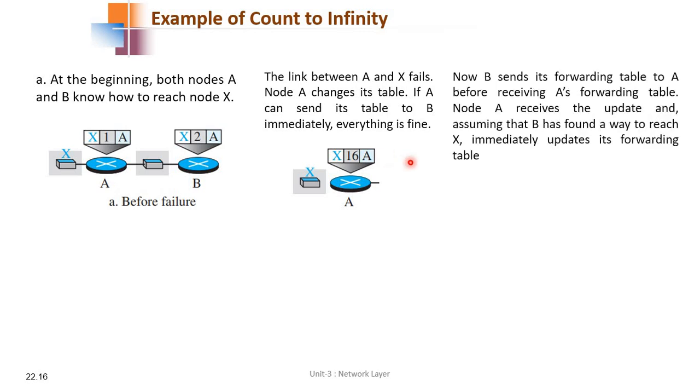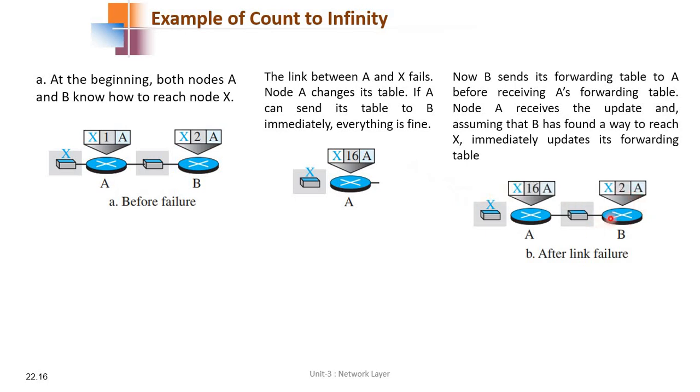Let me see the problem that is going to take place now. Router A updated its distance vector table, but before transmission of this routing table to router B, router B started transferring data to router A. In the previous case there is a broken link.